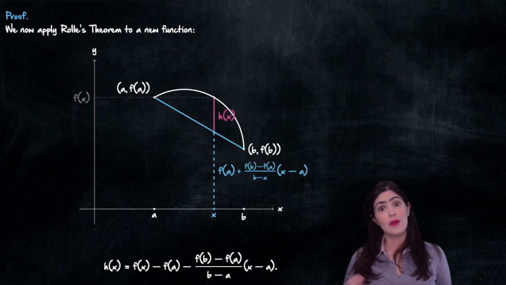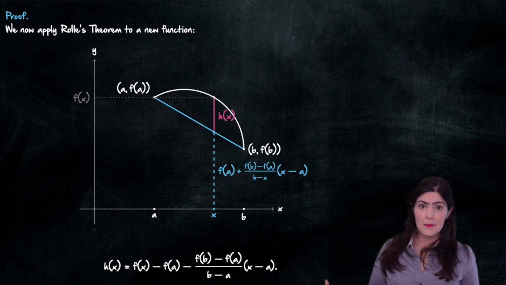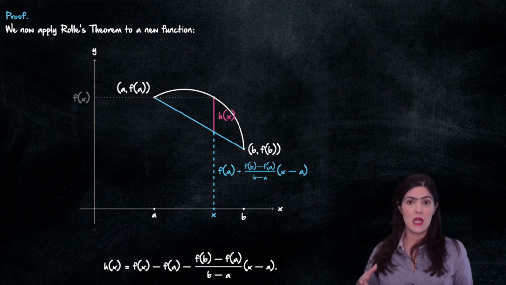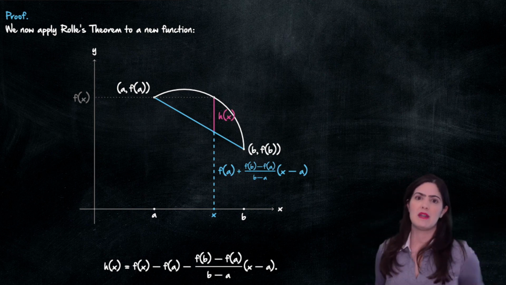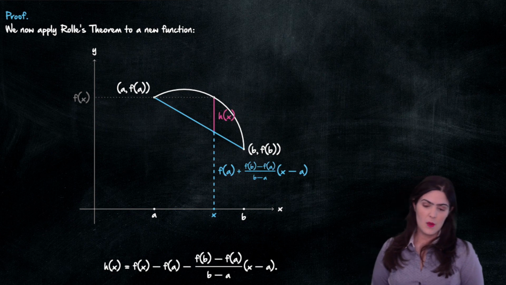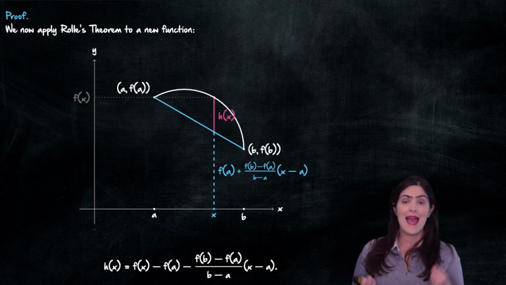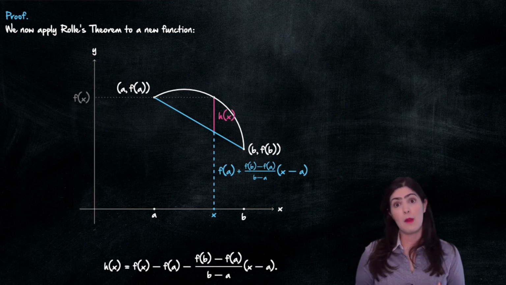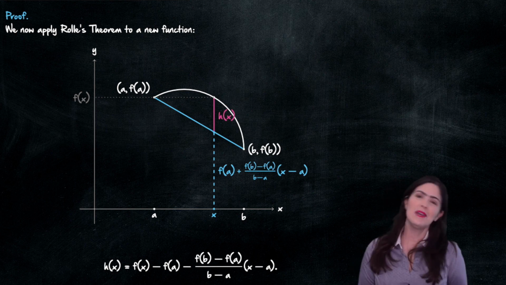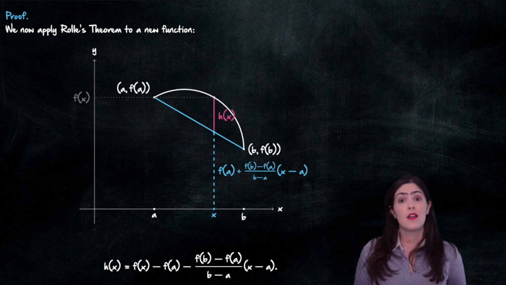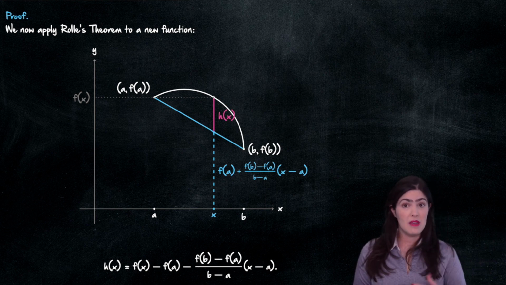And the same thing is going to happen when x is equal to b, because we're going to end up with f(b) minus f(a) minus (f(b) minus f(a)), so it's 0. So now that we have this function h, we just need to see how we can apply Rolle's theorem to my function h. And then we will see that we can gain very easily the result of the mean value theorem.